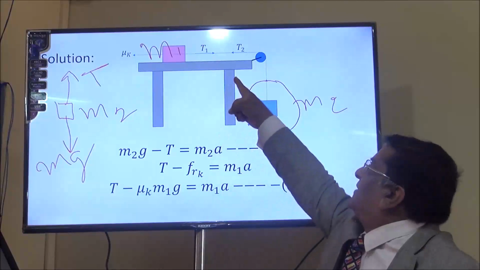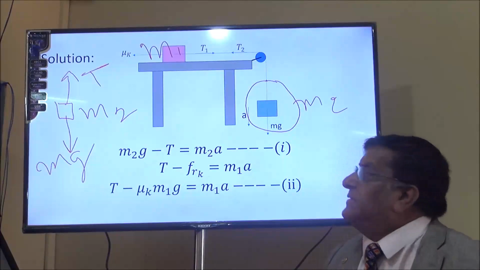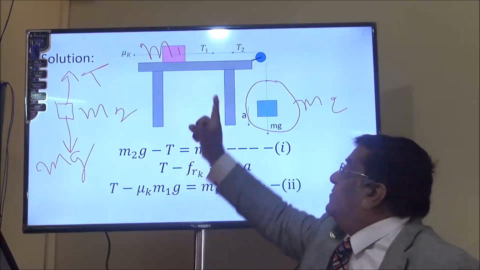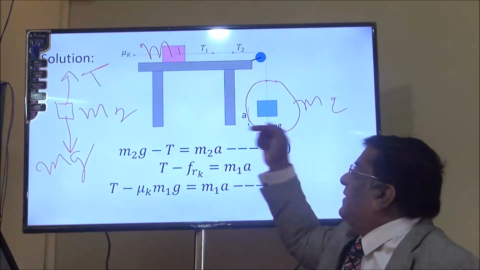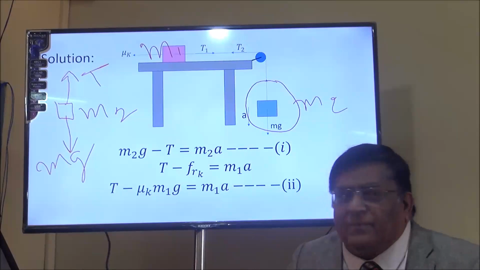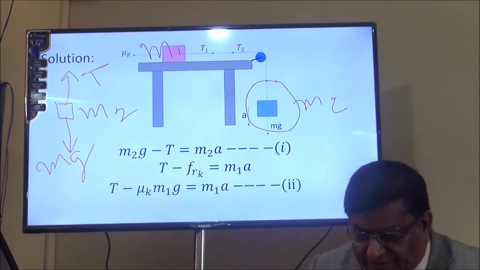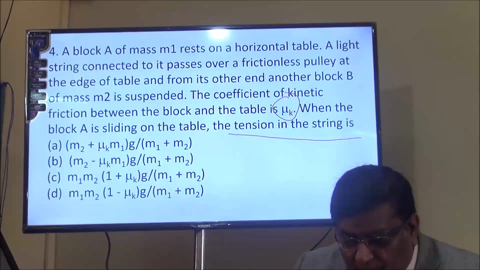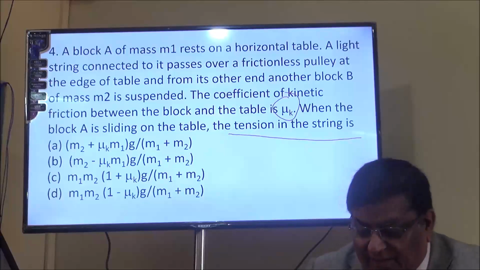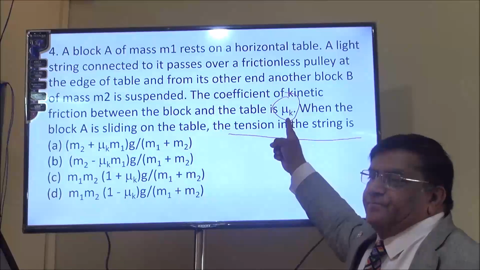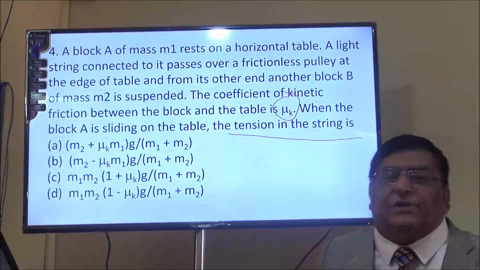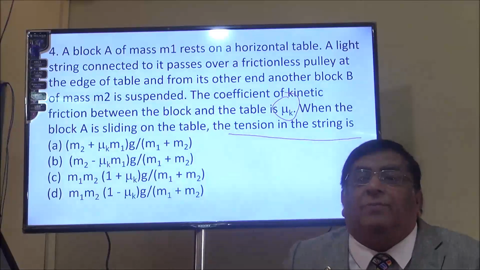How much is the force acting on it? T. In this one, how much is the force acting? T. Right? Any force backward? Friction. Is it given in the question? Yes, sir. What is given? Mu. How much is the force of friction? Mu into normal reaction.